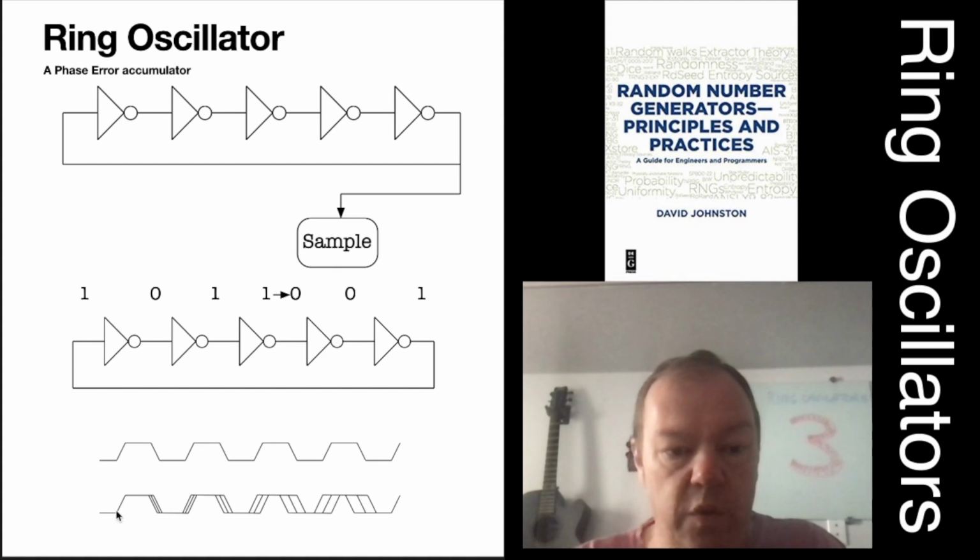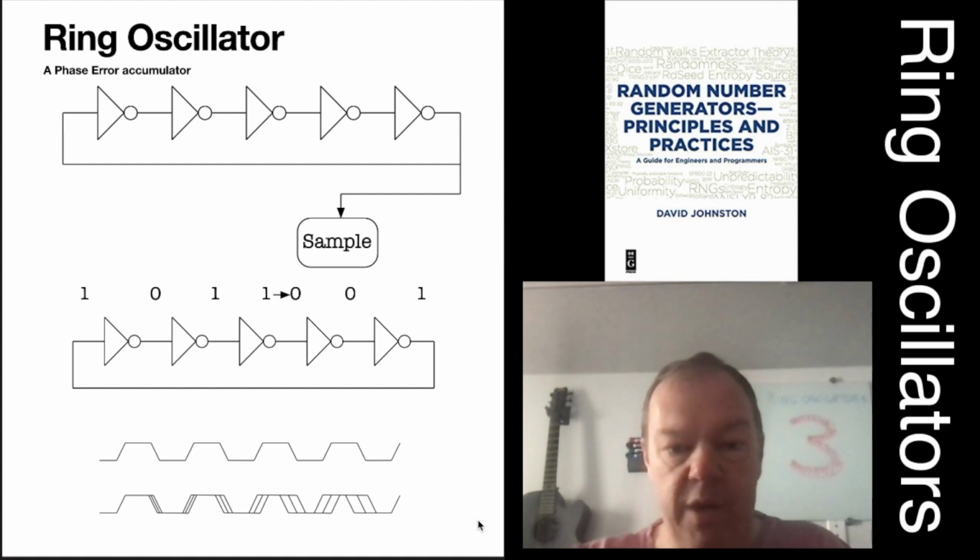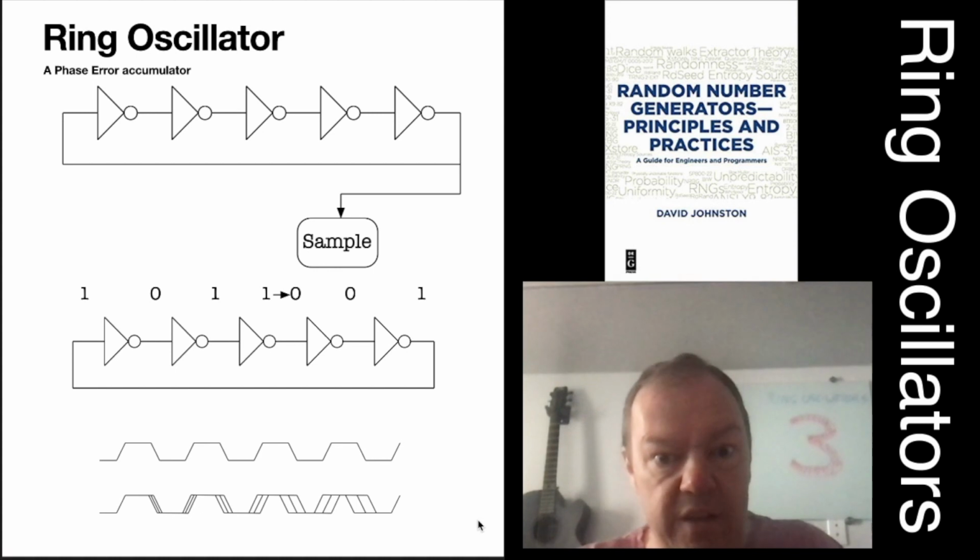And so if you were to sample here and you get some value, and then you were to wait a period of time and then sample again, until the uncertainty is large enough that you don't know what value you're going to get, you'll get a random value.